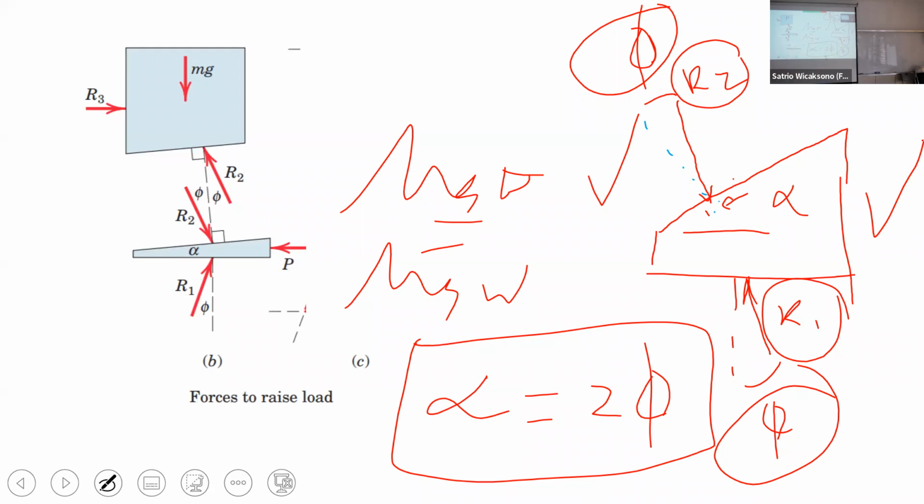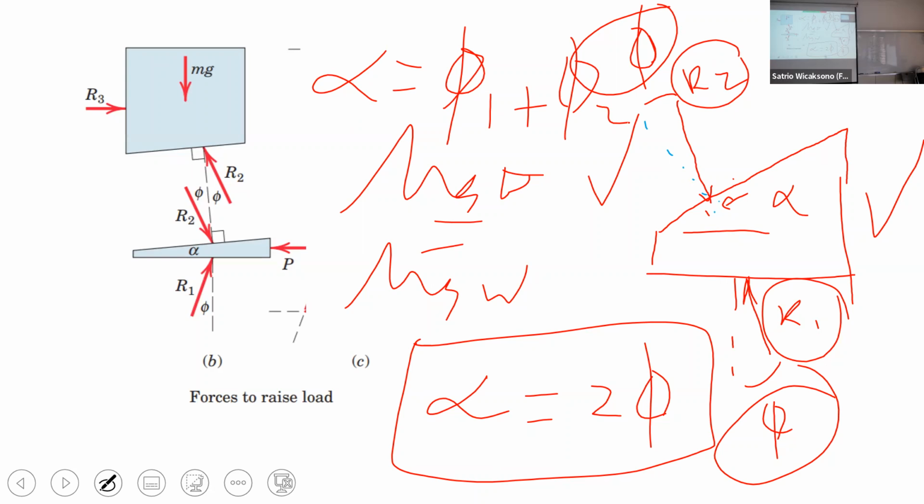If the mu s is different, then alpha will be the sum. The limit is P1 plus P2, where P1 is the bottom one, P2 is the top one. Okay, tangent P1 is equal to mu s of the bottom, tangent P2 is equal to mu s of the top. You get it, guys?